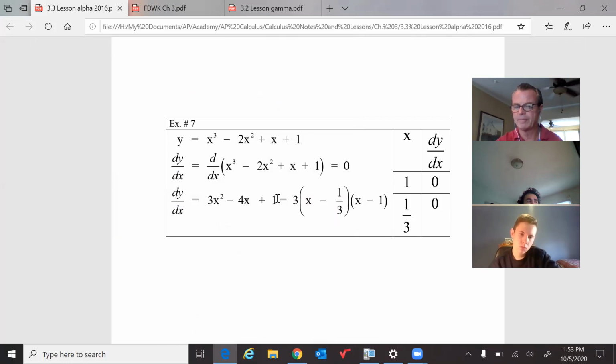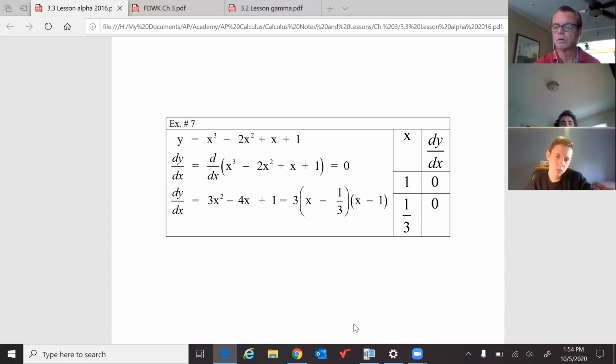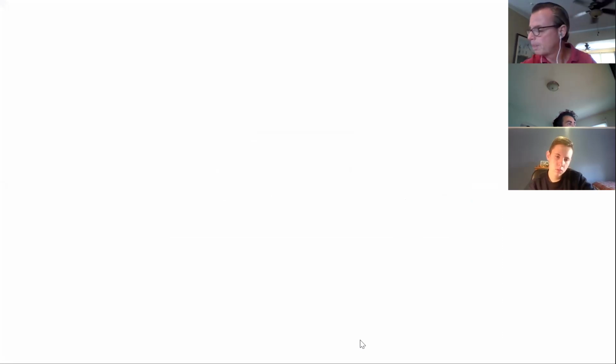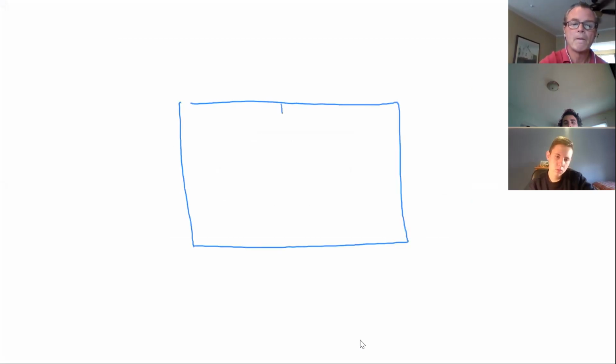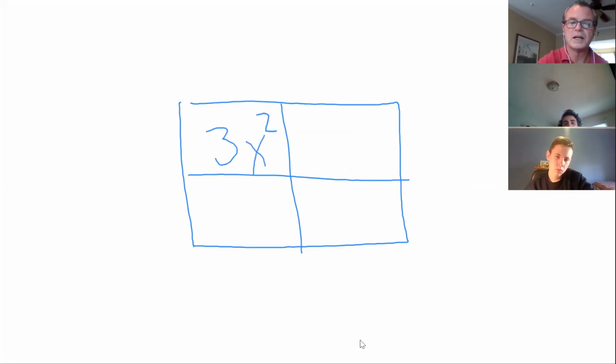I want to factor that. Well, you should be able to factor this. It's a quadratic with a lattice. I want to factor 3x squared plus -4x plus 1.